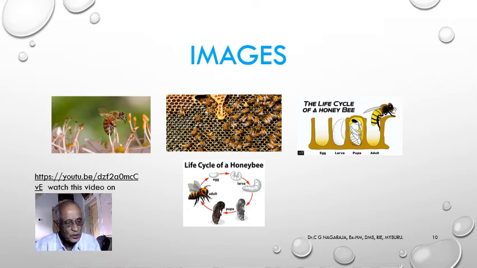Well, I have just given you 4 images just to make sure that you understand them. Only one bee is shown in one of the diagrams, and such bees will collect in large numbers, and they make their own homes by their own activity, by their own biological produce, and that is called the beehives.